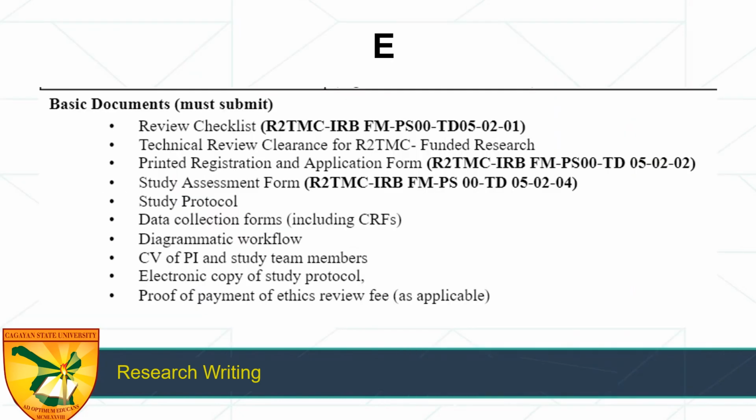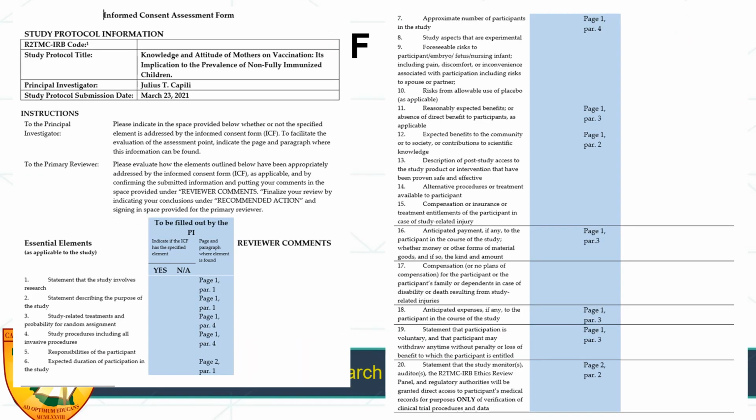And then letter E would be, A, B, C, D, E, study protocol, your research proposal. And then F would be your tools, your questionnaires, your interview guides, your observation checklist, and this informed consent assessment form. So you need this. It looks like the other form.